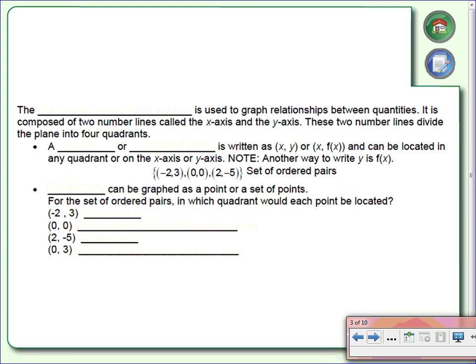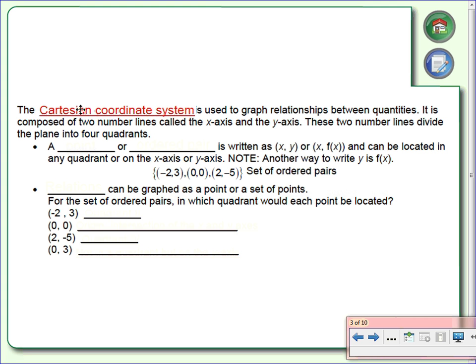The blank is used to graph relations between quantities. Well, we just took a look at that. It's called the Cartesian coordinate system. The title of your paper. The Cartesian coordinate system is used to graph relations between 2 quantities. We'll talk about that word relations a little bit more here in a minute.